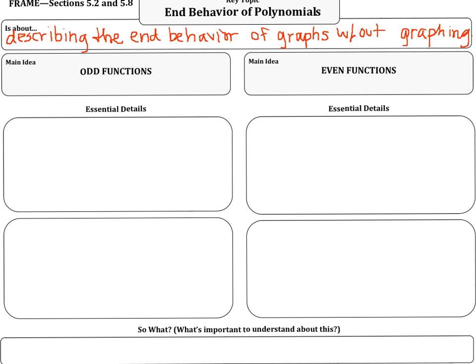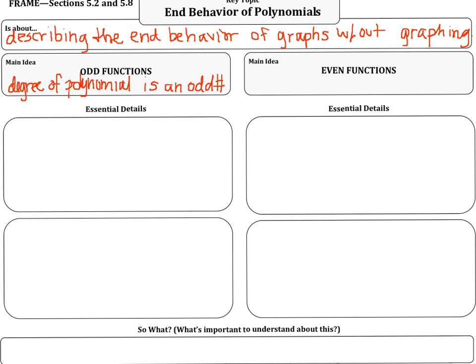So we have two types of functions here: functions called odd functions and functions called even functions. It's called an odd function if the degree of the polynomial is an odd number.